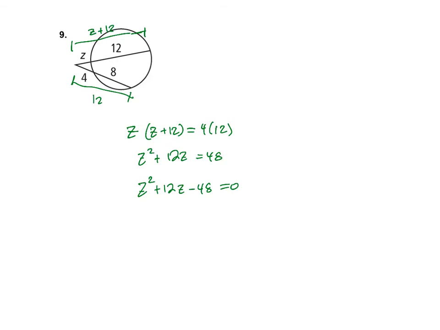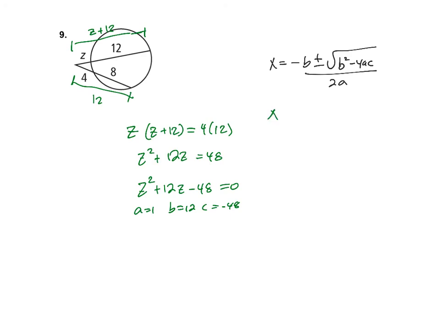In this case, we are going to use the quadratic formula, right? So negative B plus or minus the square root of B squared minus 4AC, over 2A, where A is 1, B is 12, C is negative 48.